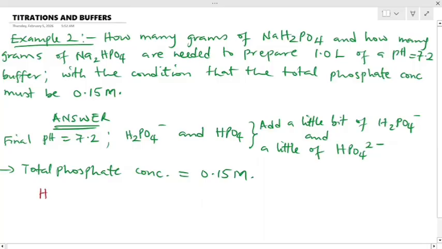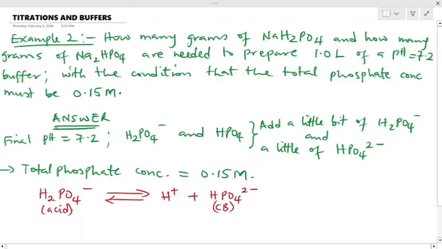We have H2PO4 minus undergoing a dissociation reaction to form your H plus and HPO4 2 minus. Here, this is the acid, and here, this is the conjugate base.